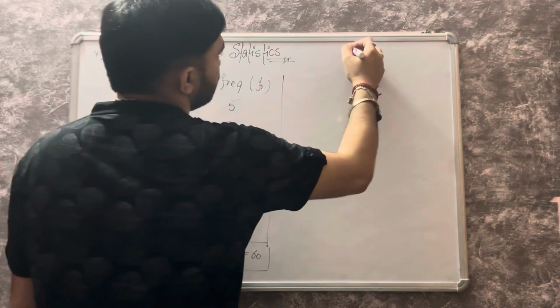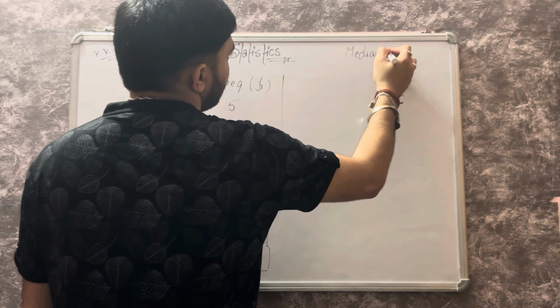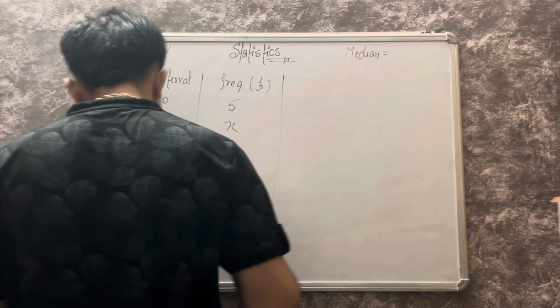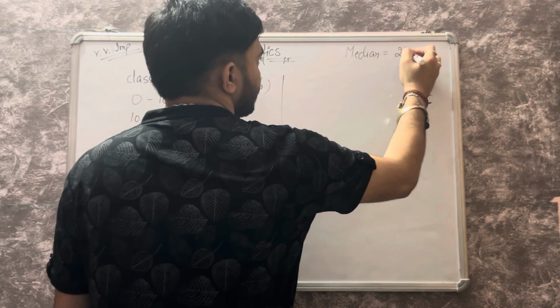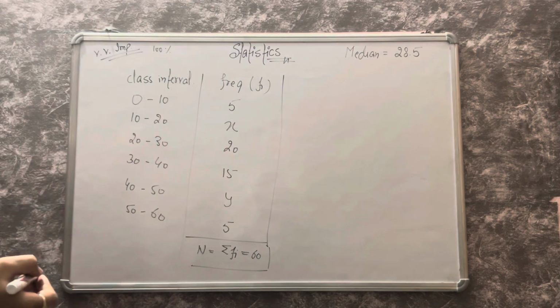Also, the questioner has given you the median of this data as 28.5, and you have to find the values of x and y here.